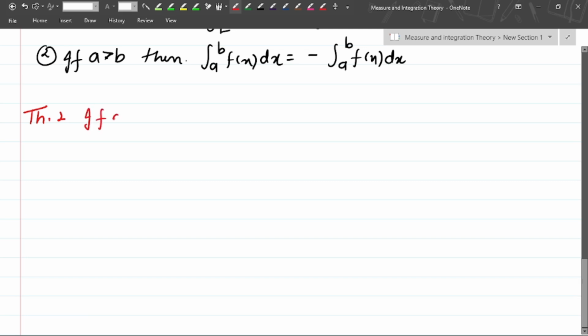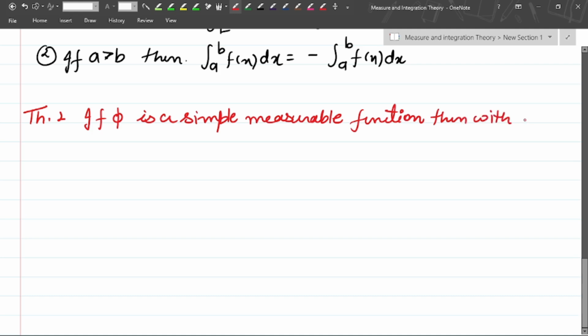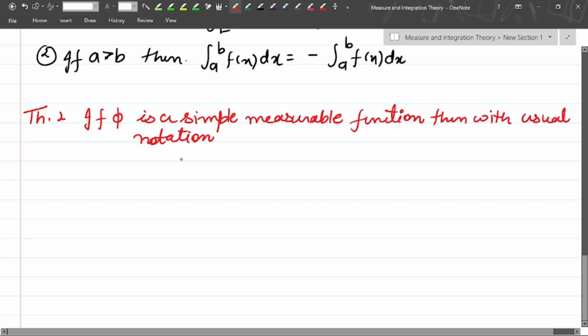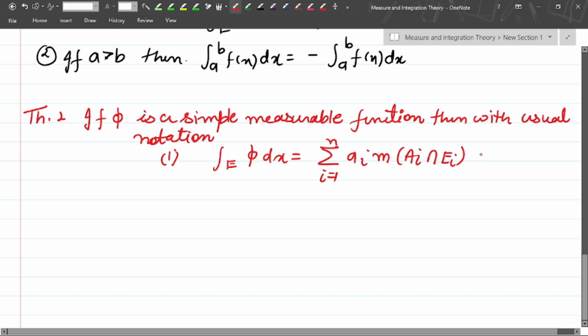Theorem number one: if phi is a simple measurable function, then with the usual notation, first, the integration over E of phi dx is the sum from i equals 1 to n of a_i times the measure of A_i intersection E.